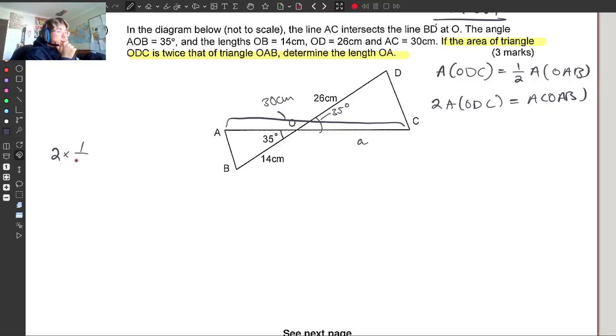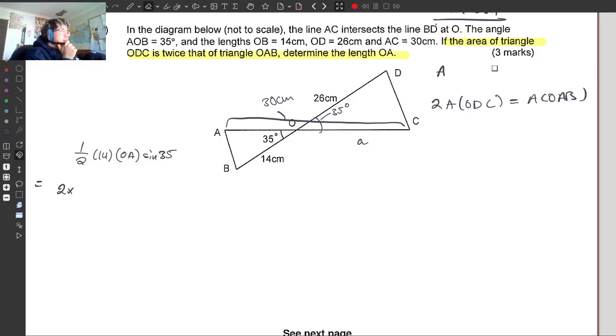So we can say 2 times the area of OAB is 2 times 1/2 times this length, 14, times this length OA with the angle sine 35. Sorry, I've written this wrong.